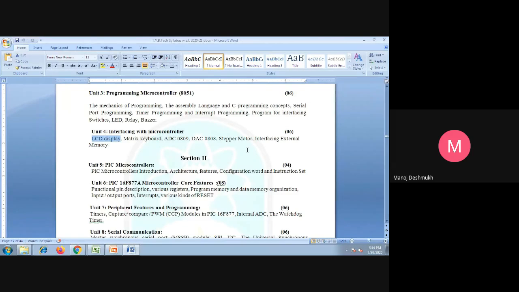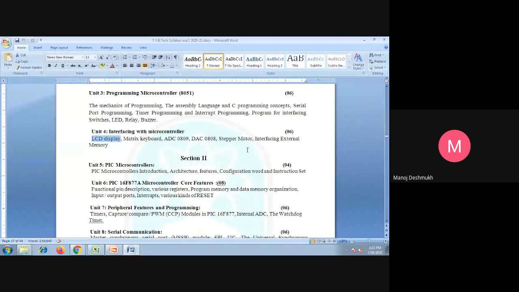So this chapter is very important for designing application based systems.